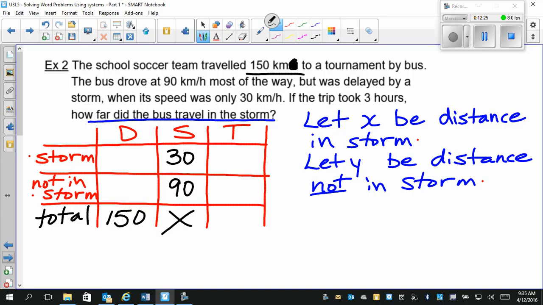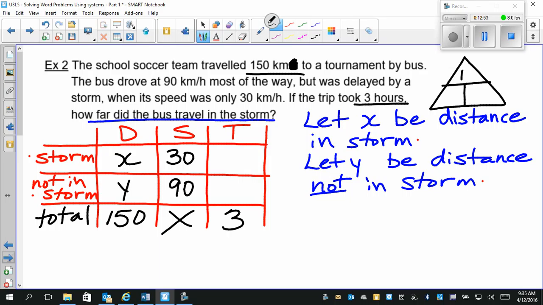If the trip took 3 hours in total, so that's 3 there, how far did the bus travel in the storm? So I need to fill in my variables. So x is the distance in the storm, and y is the distance not in the storm. To figure out time, I'm going to draw my little triangle here with my d, s, t.